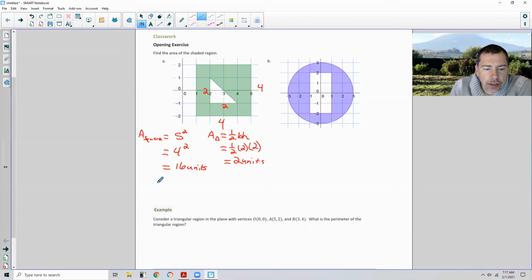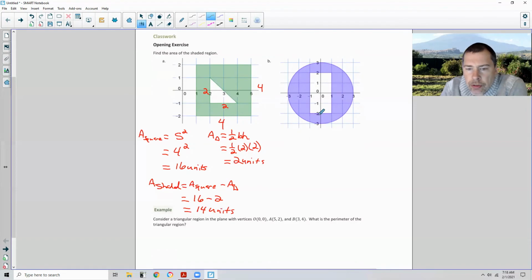So the area of the shaded region equals area of square minus the area of the triangle. So the area of the shaded region is going to be 16 minus 2, or 14 units.